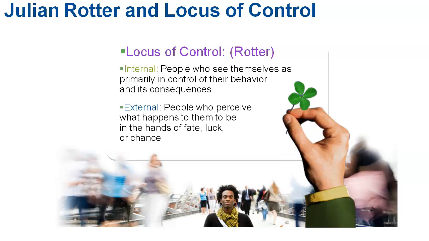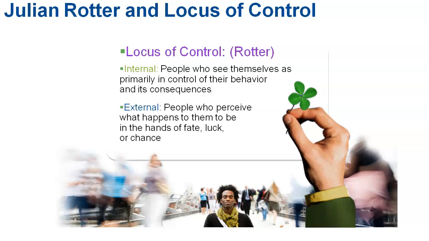And there was also this idea of the locus of control, which can either be internal or external. And this was a huge part of personality: you either feel like you have control of a situation or you don't. We go into this more when we talk about social psychology.